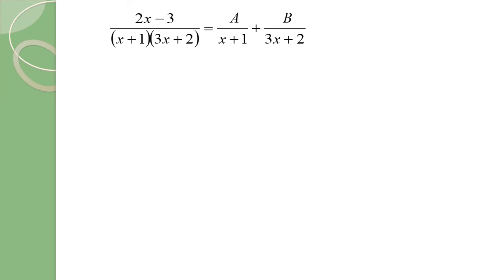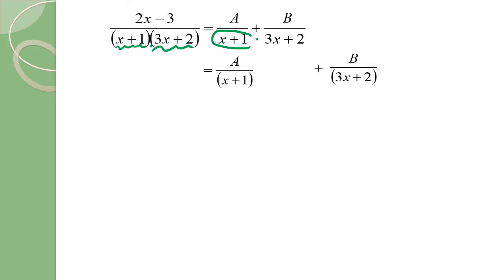So first of all, we need to find the common denominator for both A and B. The bottom one we have x plus 1, so x plus 1 is enough, but the bottom one we don't have 3x plus 2.